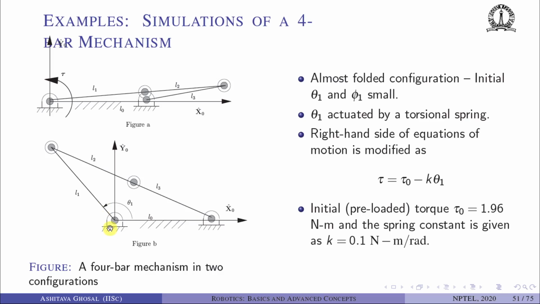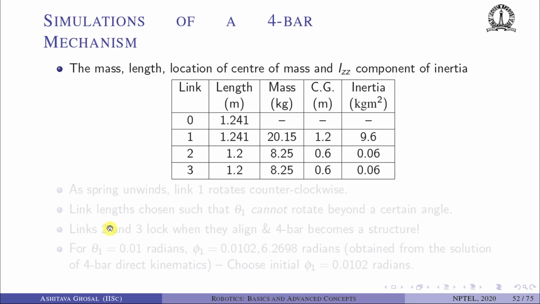So what are some of the questions that we can ask? First, let's look at some of the dimensions and mass and inertia properties of the links. This is chosen in this form, 1.241, CG is at 1.2, and so on. Inertia of the first link is very large, the others are very small.